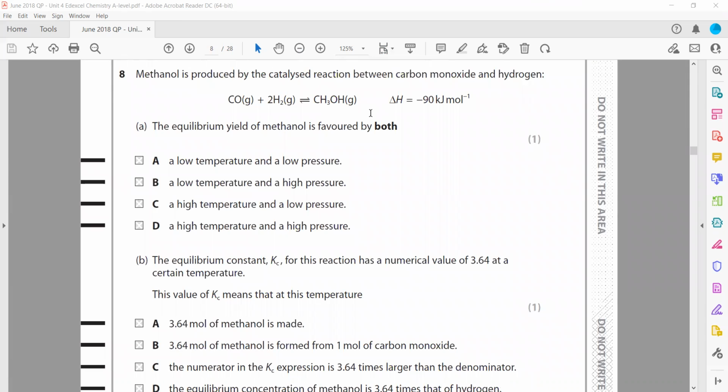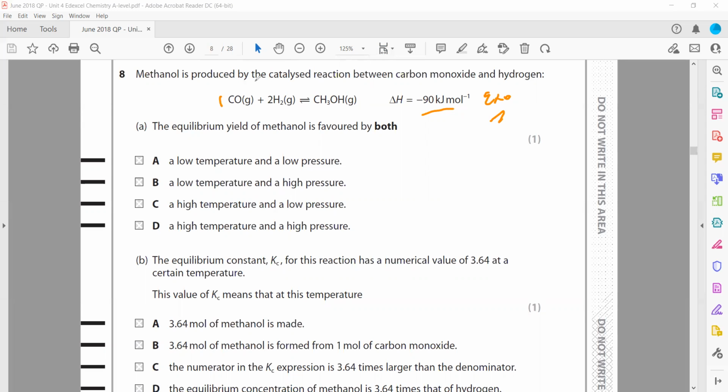Question 8: methanol is produced by a catalyzed reaction between carbon monoxide and hydrogen. The equilibrium yield of methanol is favored by... the forward reaction is exothermic. An exothermic reaction prefers low temperature, so we should decrease the temperature. And what about the pressure?